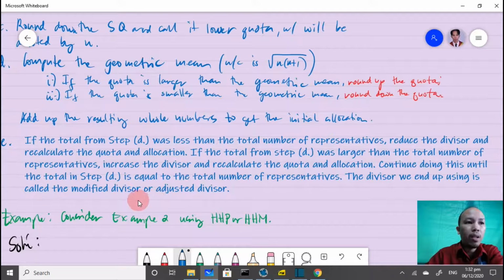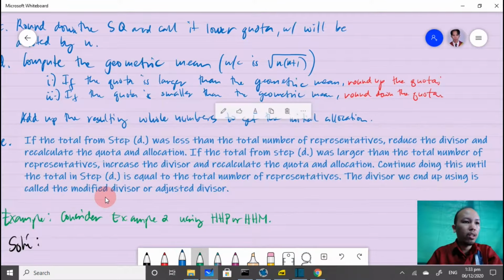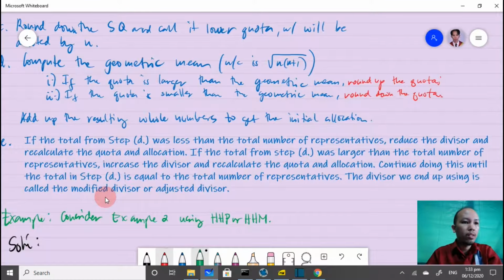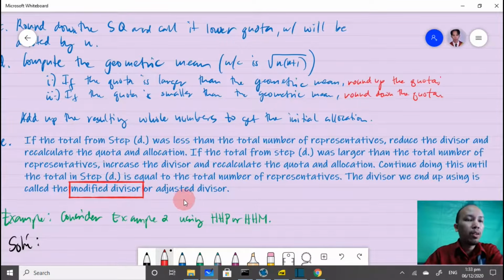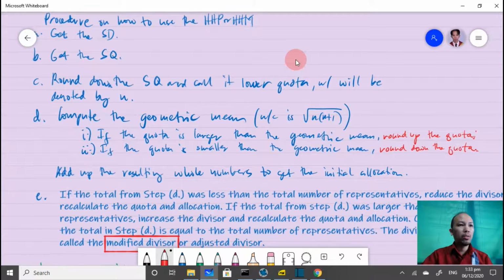That divisor is what we call the modified standard divisor for the Huntington-Hill method, or another term for it, the adjusted divisor. I hope you get the idea on how to use the Huntington-Hill method.